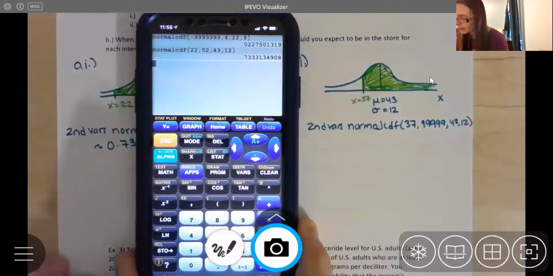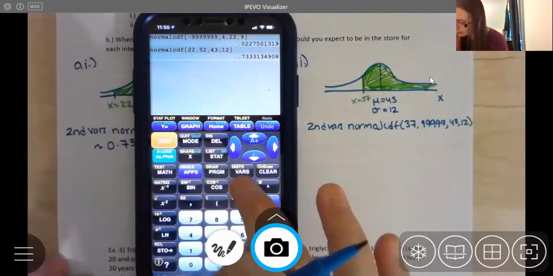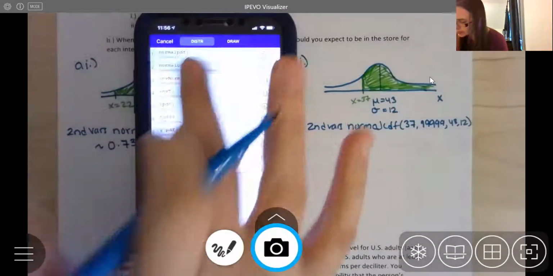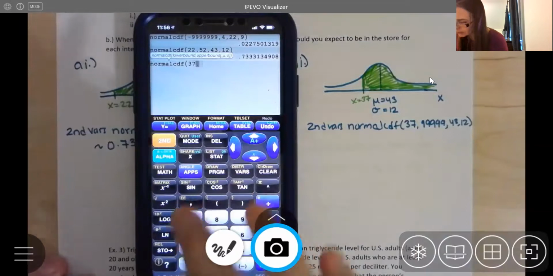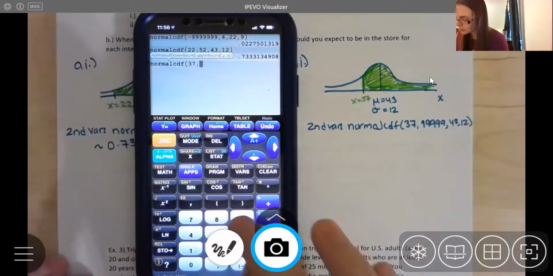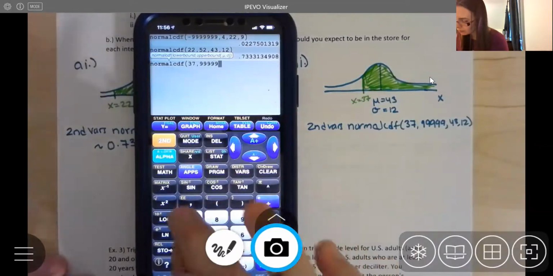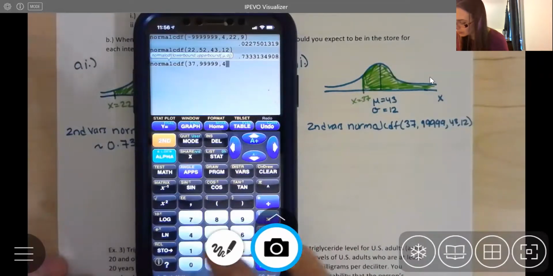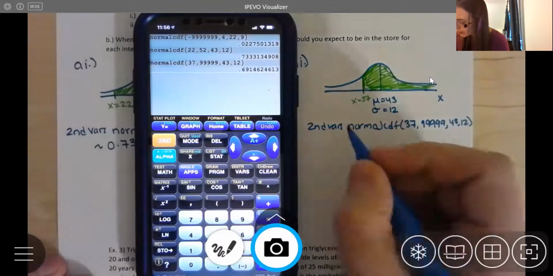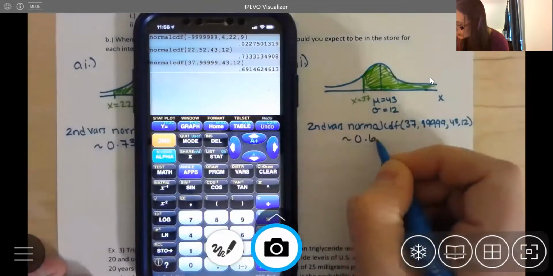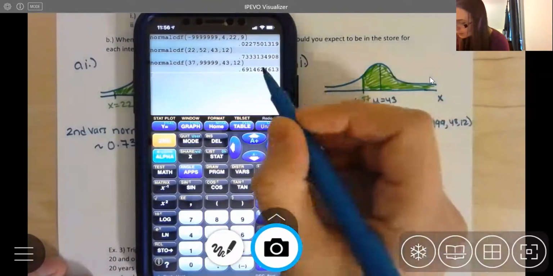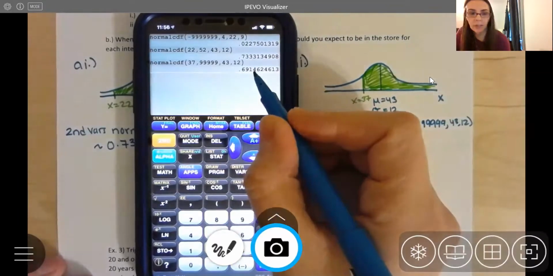And then for my other one, I have second VARS, again, normal CDF. My lower limit is 37. My upper limit is unbounded, so I'm going to use a large number. My mean is 43, and my sigma is 12. So I have about 0.691, and then rounding to 4 decimal places, that 4 is going to bump up to 5.